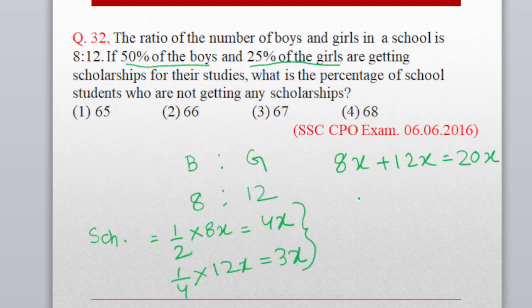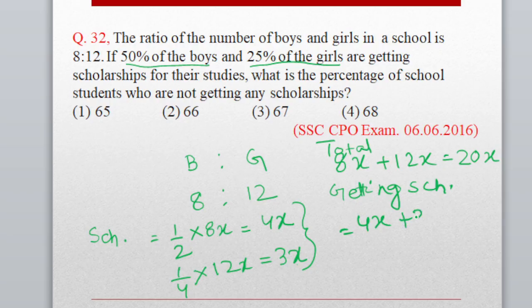That means out of 20x total, those getting scholarship are 4x plus 3x, so that is equal to 7x.